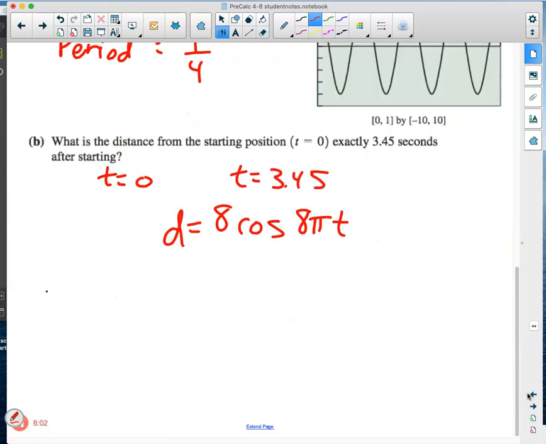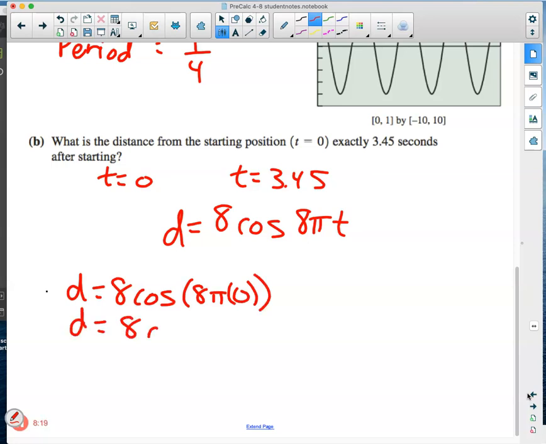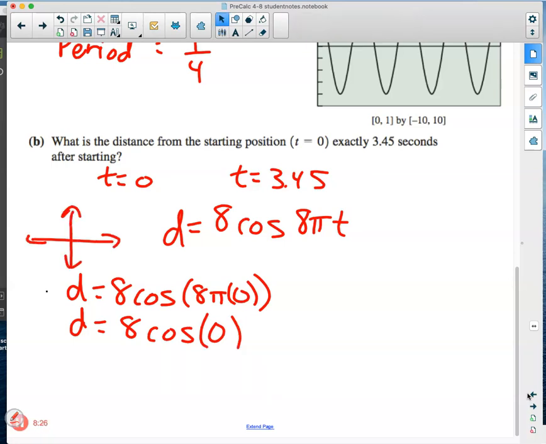The thing we had to get was the formula so that we could figure out where it is when the time is 0. So if we put a 0 in for the time, we're going to have 8 times the cosine of 0. And then I think about my unit circle.